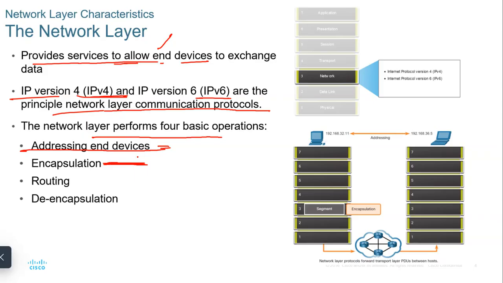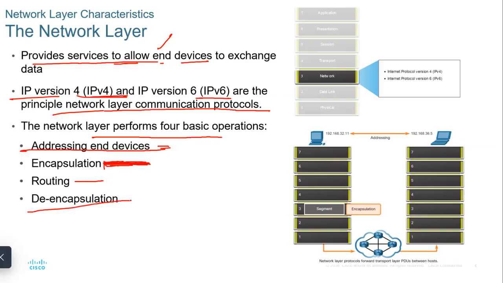Once the packet destination is determined, the layer 3 device can encapsulate. When the layer 3 device decides to send, it first has to encapsulate that packet and then send it. Then routing, it selects the best path, the best route to the destination.